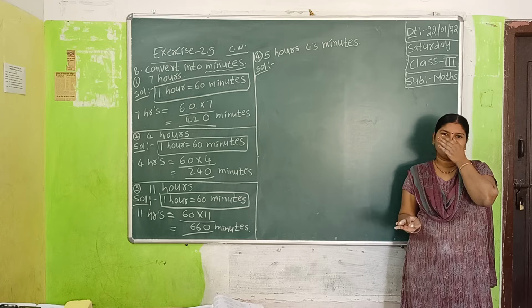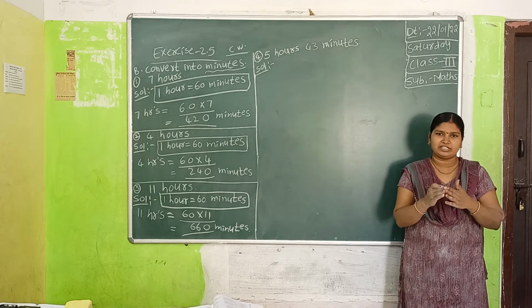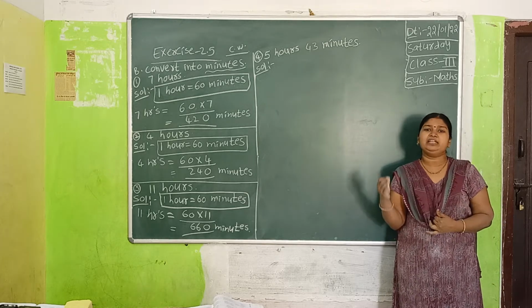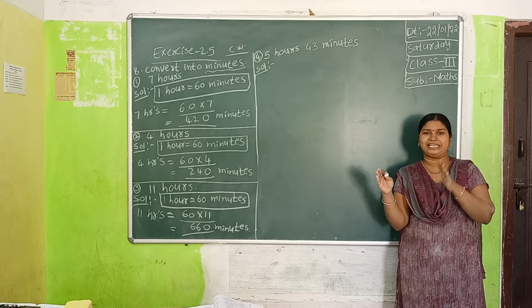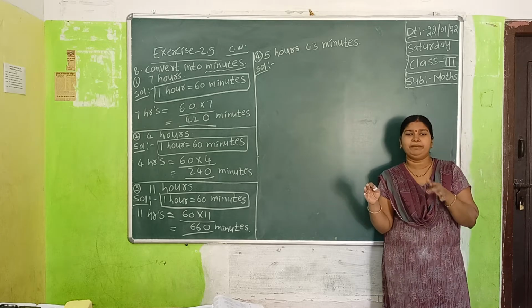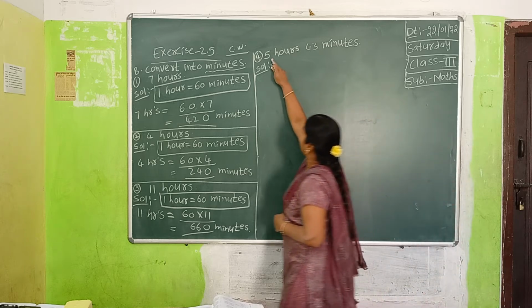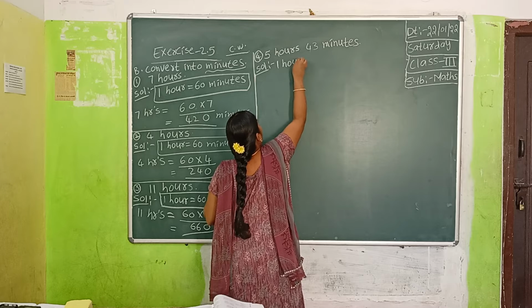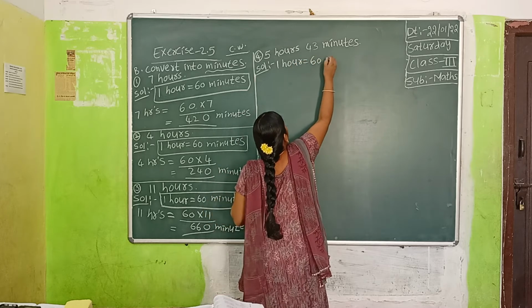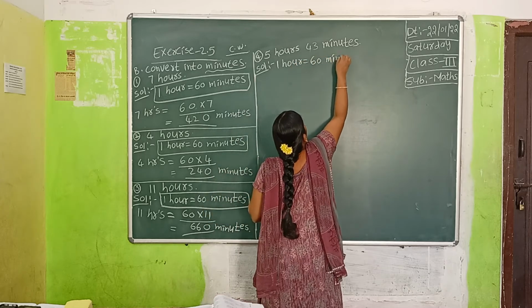Don't get confused, anyone. First convert hours into minutes. Then add the minutes, so we get the same type of units. Okay. Now first separate it: 5 hours is there. You have to write down 1 hour equals how many minutes? 60 minutes.